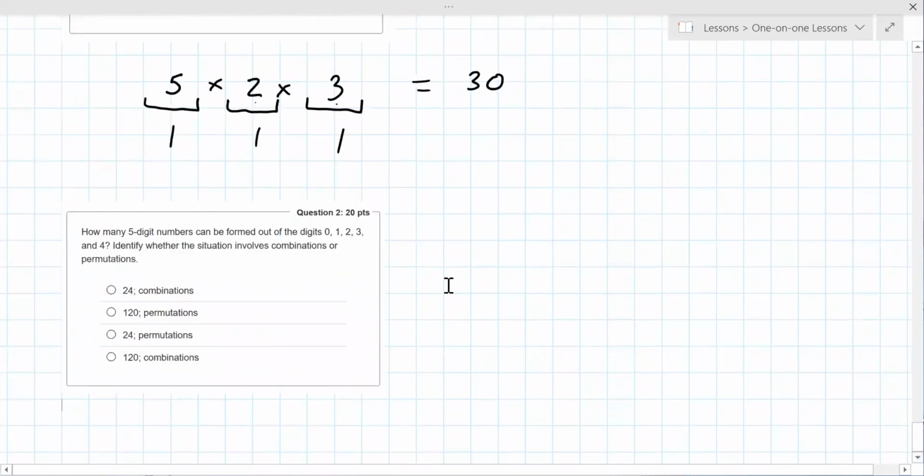All right. How many 5-digit numbers can be formed out of the digits 0, 1, 2, 3, 4? I don't like the way this is written because to me it's very unclear what it's asking.